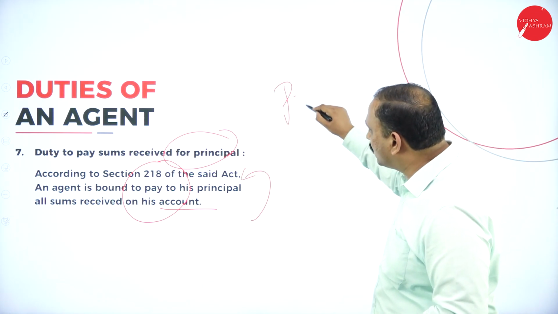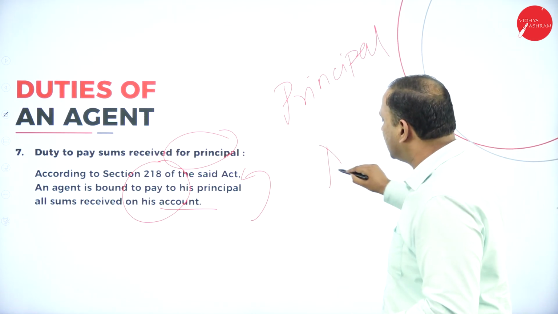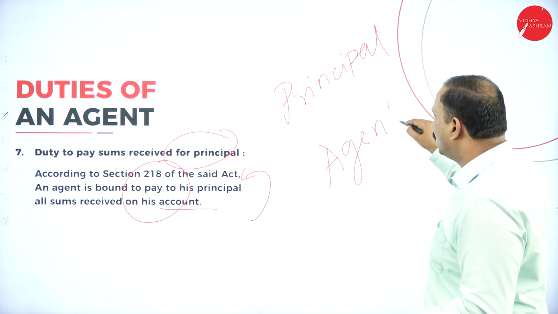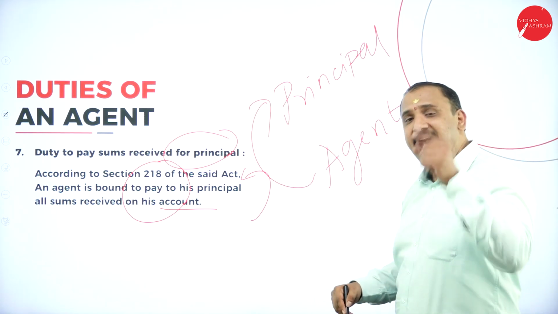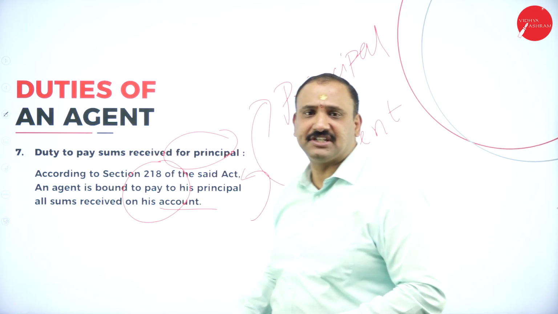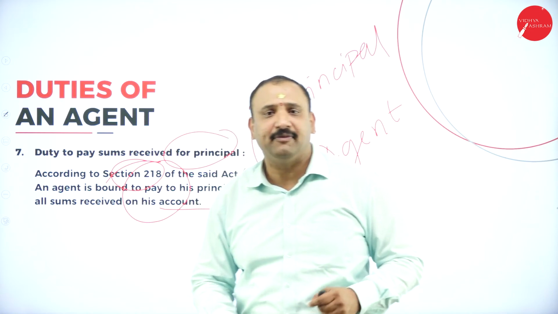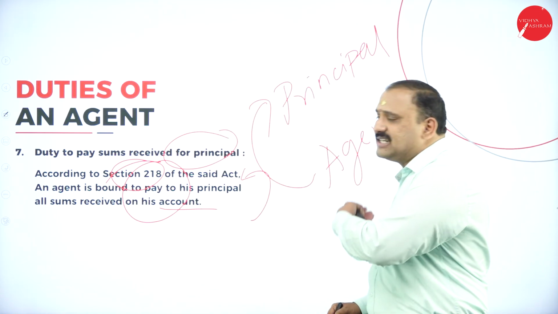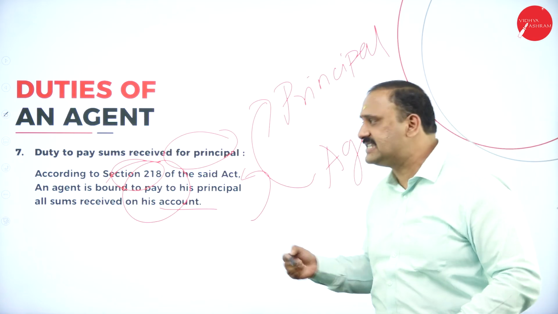So the principal should always be informed about what is happening. It is the duty of the agent to reveal the profits, give back the sums to him and let him know what transactions are done. Section 218 clearly says that the agent has to pay back the sums received to the principal itself.